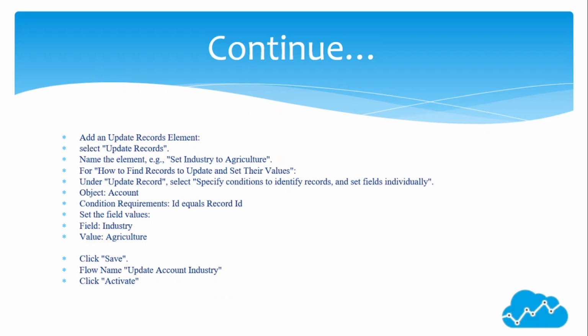Here we have to select object account, condition requirements ID equals to record ID. Set the field values: field industry, value agriculture. Click save, provide the flow name, update account industry, click activate.